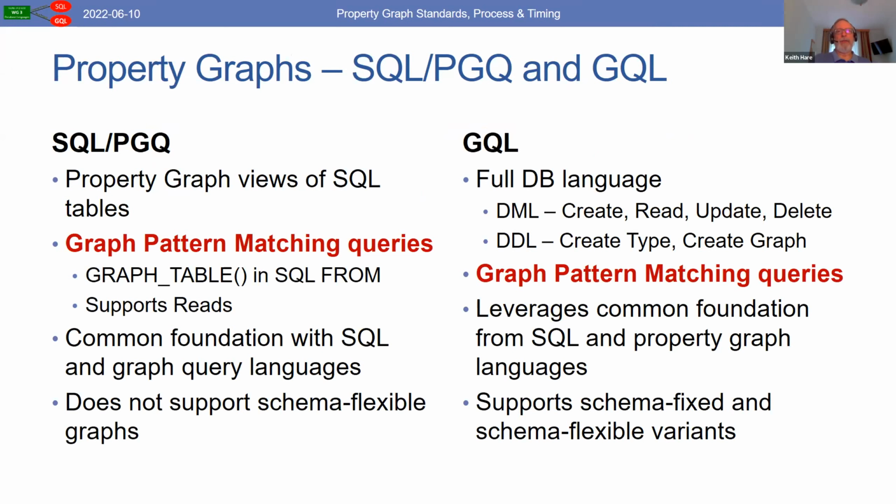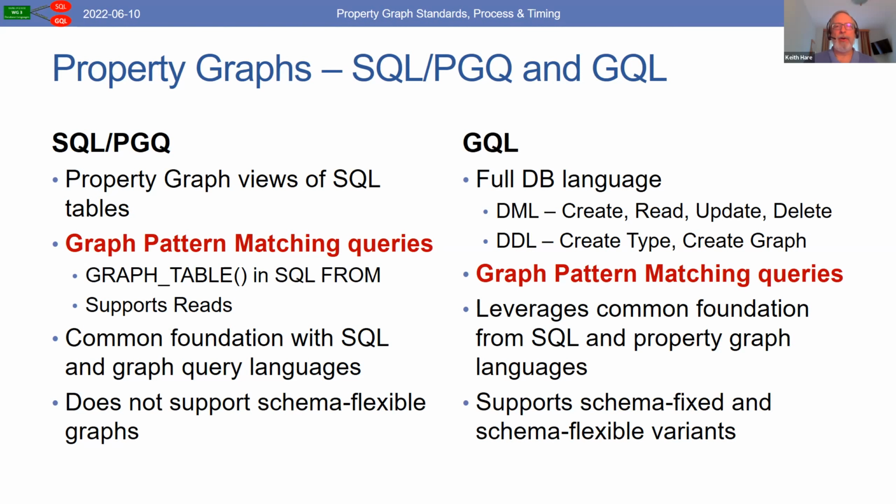Quick comparison of PGQ and GQL. The idea of PGQ is that you can build property graph views on top of SQL tables and have property graph queries using a graph pattern matching language that returns data from the property graph views. From my point of view, this is important because there's a fair amount of data in the world that is in SQL tables, and that isn't likely to change.